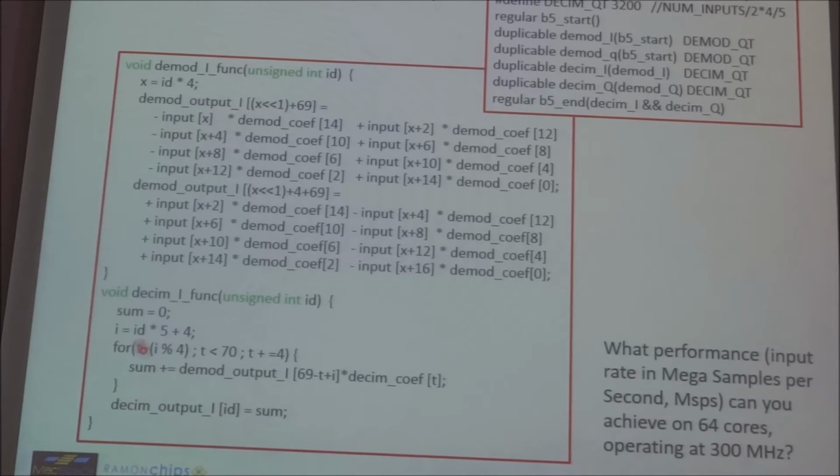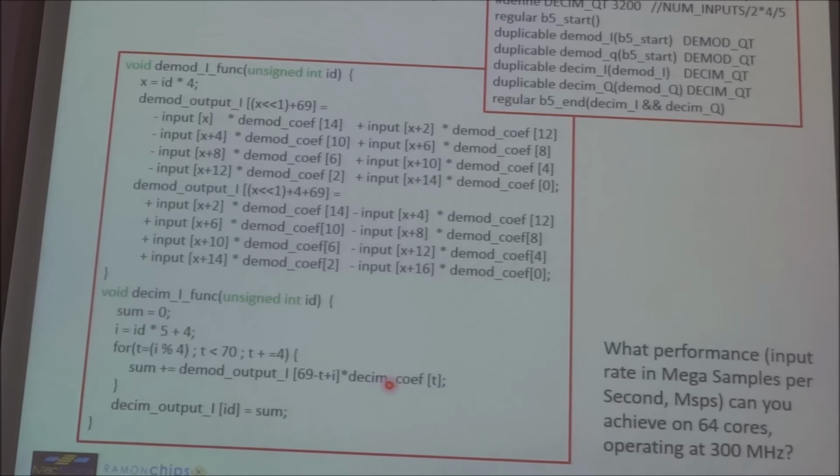In the bottom, we have a decimation again. It looks much simpler, but here instead of explicitly spelling out all the parts of the filter, we do it in a loop. So there is a for t, and then we go in the loop and so on.